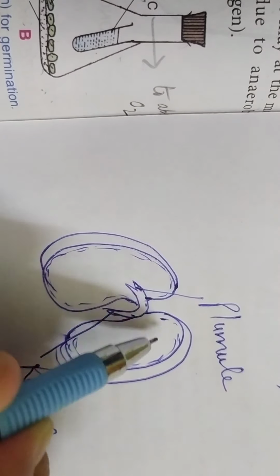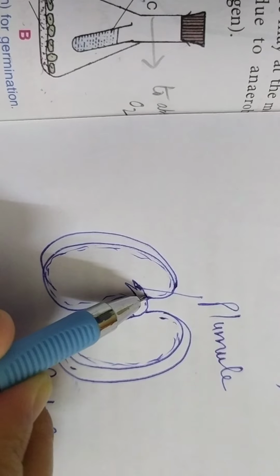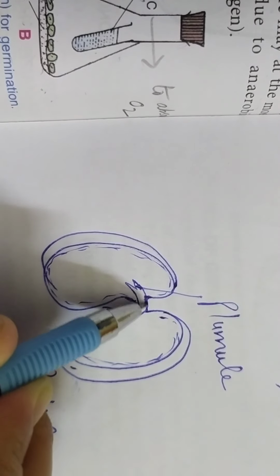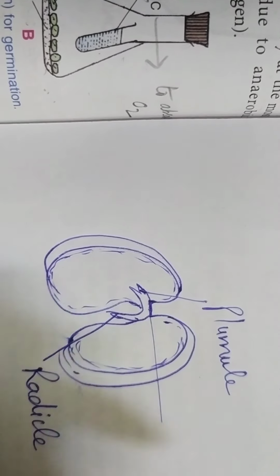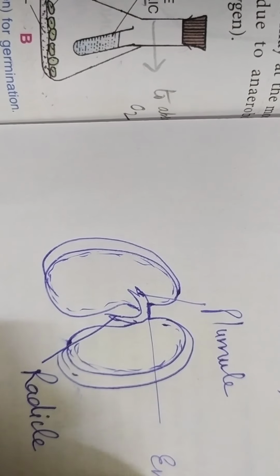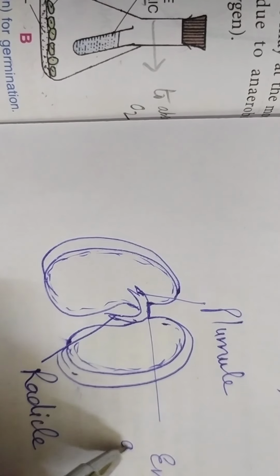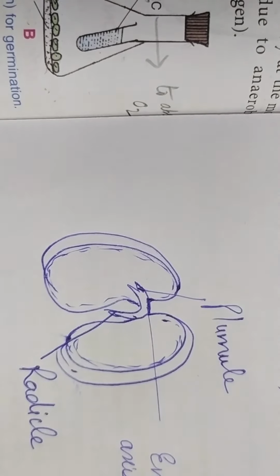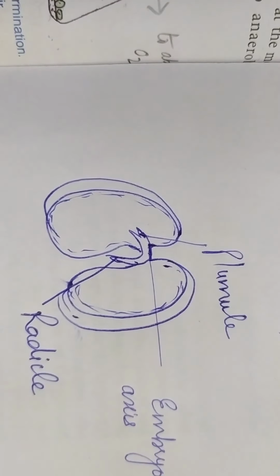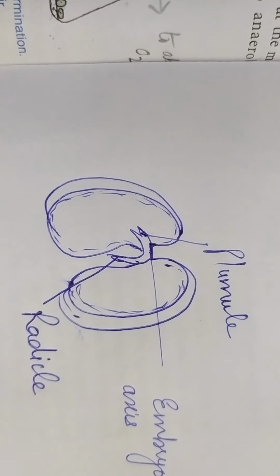Now see, these two cotyledons are attached with the embryo at a point. This point is known as the embryo axis, the point where the two cotyledons are attached with the embryo.